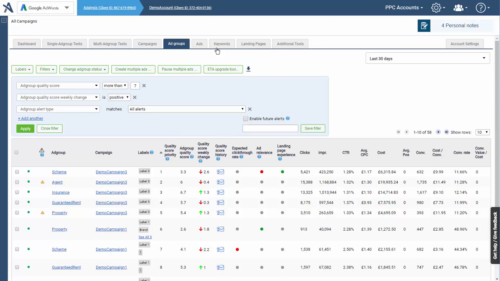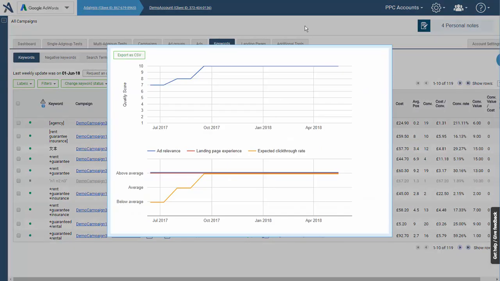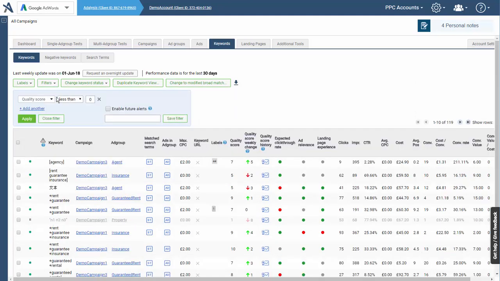Now if we go over to keywords, we can again see the individual keyword's landing page experience, ad relevance, and expected CTR. We can again graph our histories out. What's the weekly change for the quality score? And then what is the actual quality score? You also have the same filters.